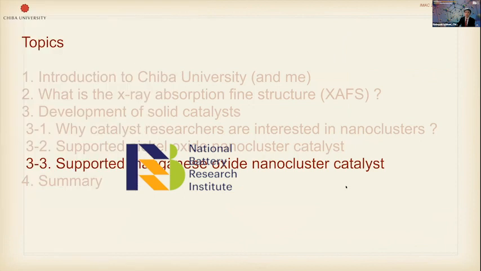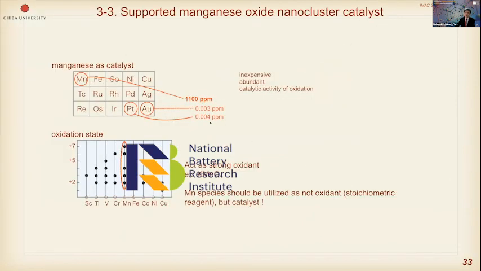Okay, moving to the second point, the manganese oxide non-noble metal catalyst case. We introduce why we use manganese oxide. Of course, compared to nickel, manganese is not familiar in Indonesia. I think nickel is important. However, manganese is very abundant, about the 10th or 12th highest concentration in the earth's crust.